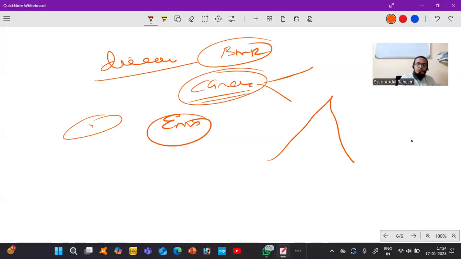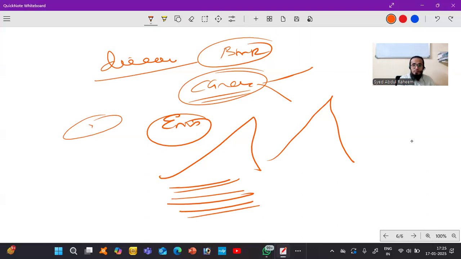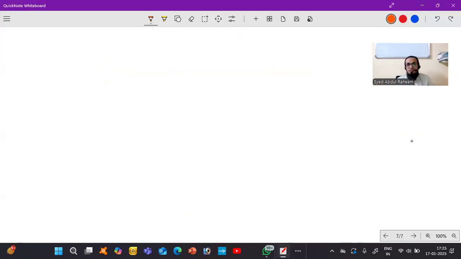Sometimes diet: a person who has been taking a large amount of diet from childhood needs more BMR. Physical activity, exercise: if a person is an athlete or sportsman, he needs more. He will do vigorous, hard exercise. All these things matter, so the BMR is different from person to person on the basis of these things.